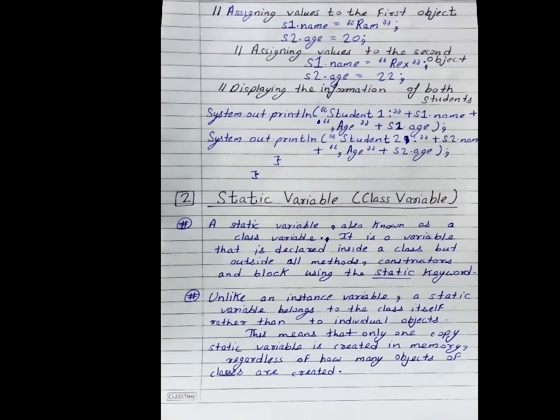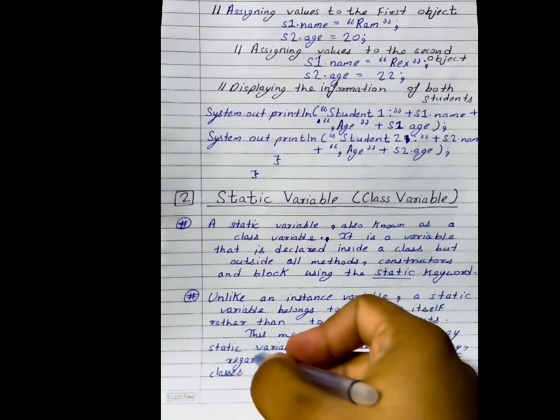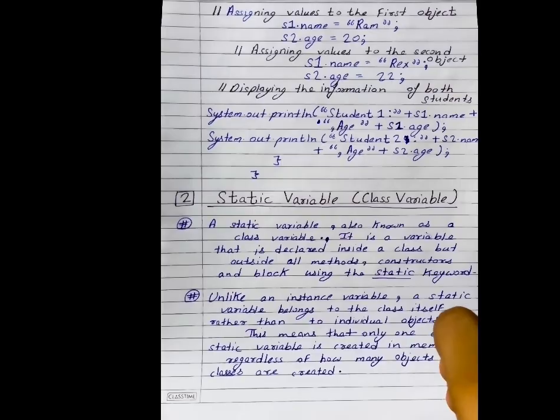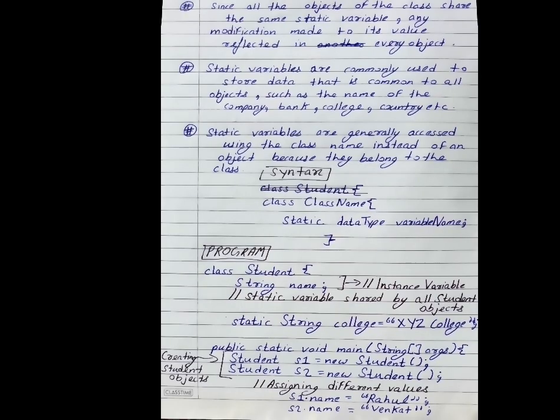This is the difference I was talking about earlier. So this means that only one copy of a static variable is created in memory regardless of how many objects are created. So we know here all the objects of the class share the same static variable.